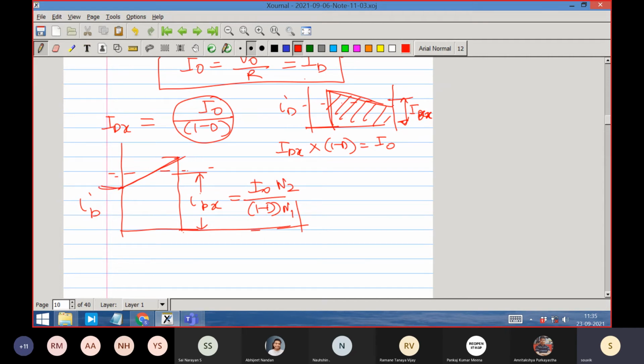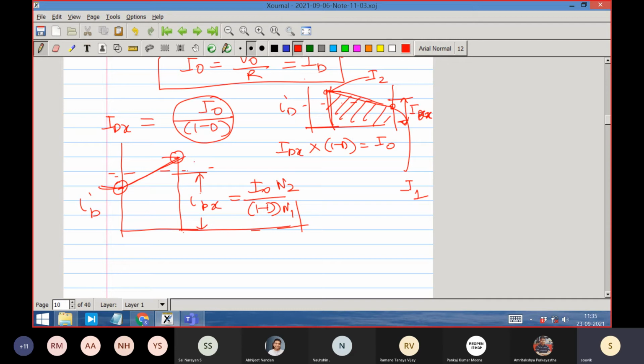I need not even assume that, I can find out from the delta IL this point and this point, and then I do the N2 by N1 transformation and I get this two and this two. So if this point is, let me call it I1, and this point is I2, right?